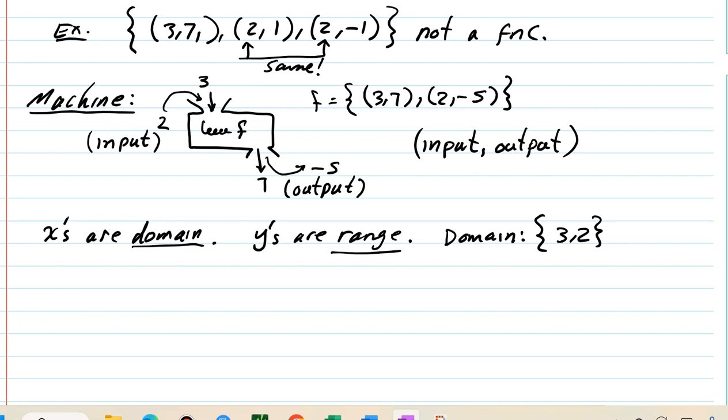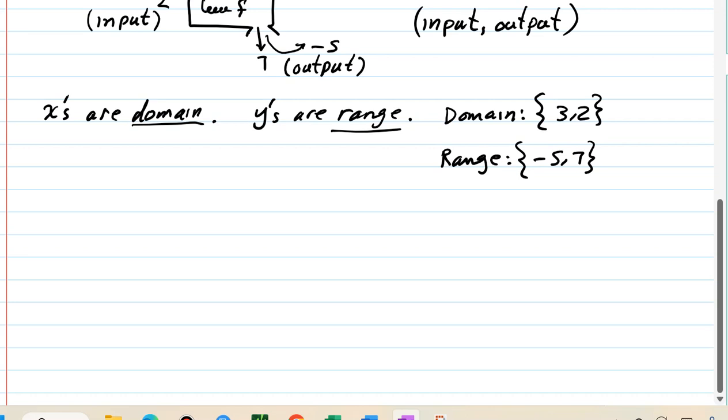The order of elements in the set doesn't matter. Usually we go from low to high, but we can go any way you like. The range would be the set of second numbers. I'm going to go in order for this one: -5, 7. And there we have it. We have the domain and range of that function. It's really that simple. Okay, so again, range is the set of all second numbers, the output. For the range, we talk about the output values, and for domain, we talk about the input values.